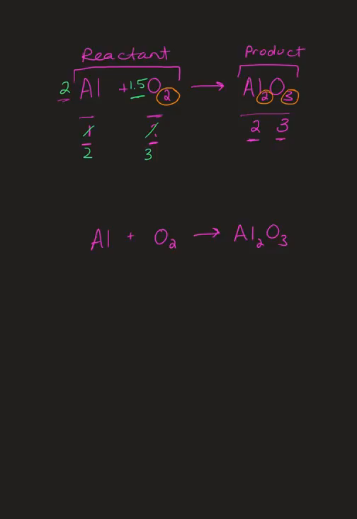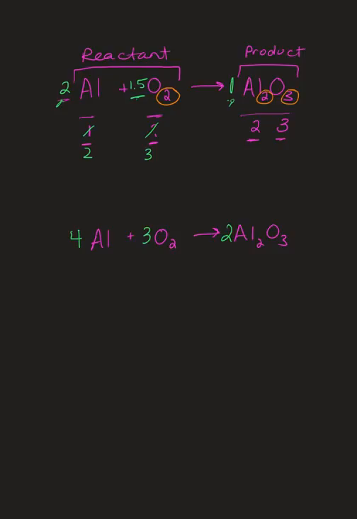Now, this aluminum oxide, the product, we know if there's no number, implicitly that means that there's a 1 over here. So let's multiply all the coefficients by 2 and see what happens. Well, 2 times 2 gives us 4, and 1.5 times 2 gives us 3, and 1 times 2 gives us 2. Now this should be balanced, but let's check.